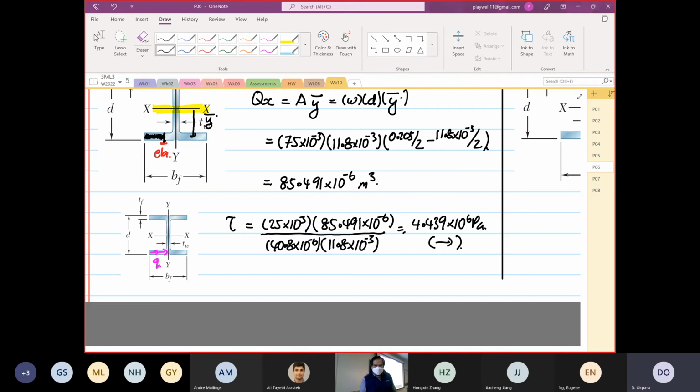But it could be in any direction, right? From the previous lectures, you said that the shear flow could be in any direction. Yes, that is direction. Why is it that direction?